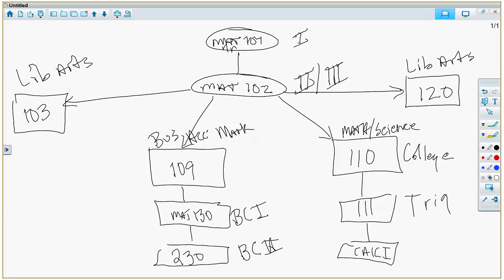Most of your maths, most of your physics, most of your chemistries are going to go up to Calc 2 at least. Now, math and engineering goes to Calc 3 and DiffyQ.